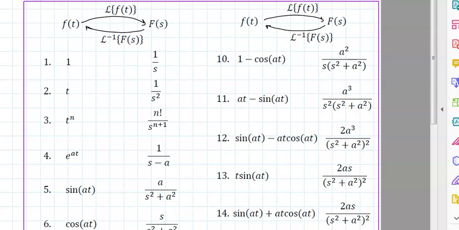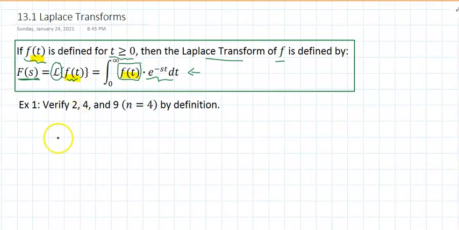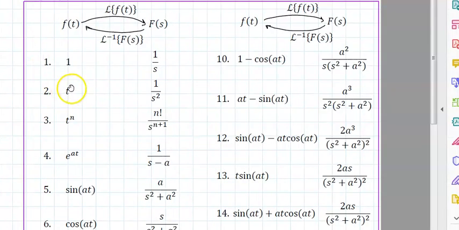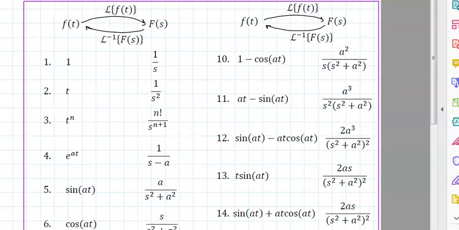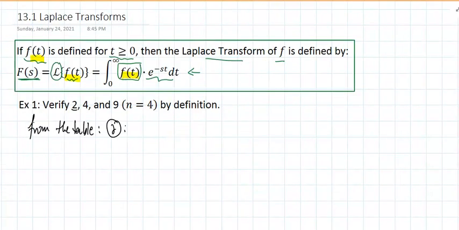Let me demonstrate. It says verify number 2. What's number 2? Well, number 2 is right there. Number 2 says f of t equals t.